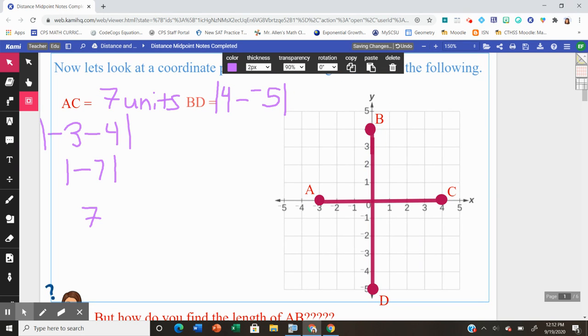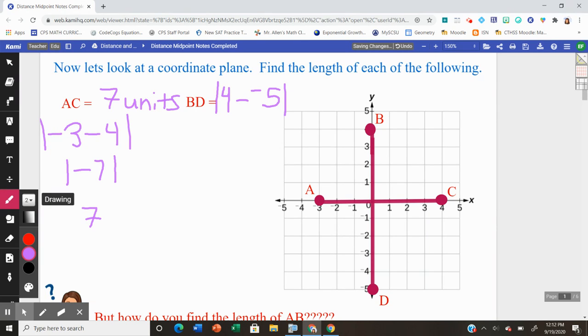So if we find the difference in the distances there, we're going to have two negatives, so that's going to make a positive. So we end up really with 4 plus 5, which is going to be 9. Absolute value of 9 is still 9. So our answer here is just going to be 9. So we could say BD has a length of 9 units.